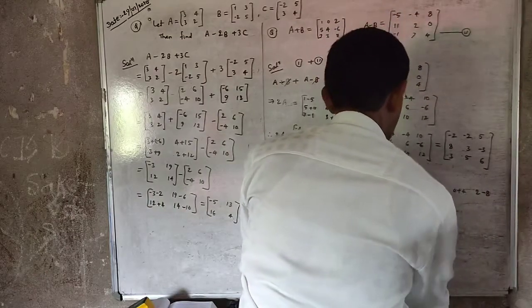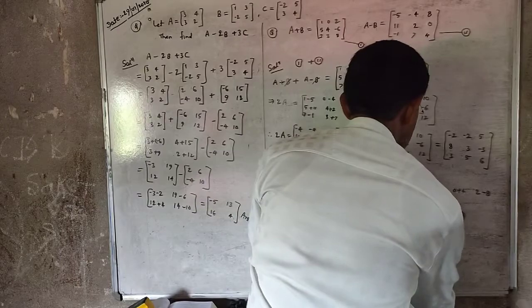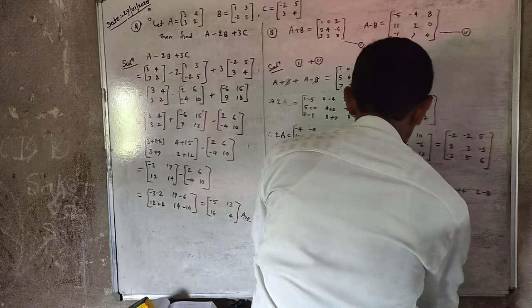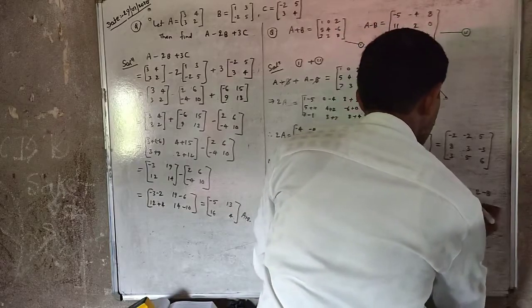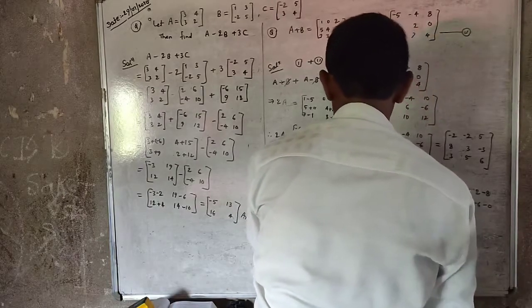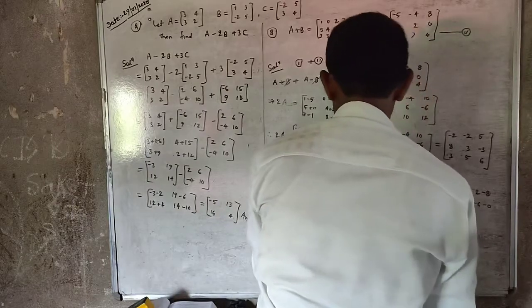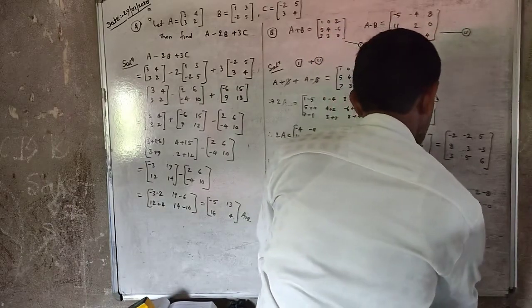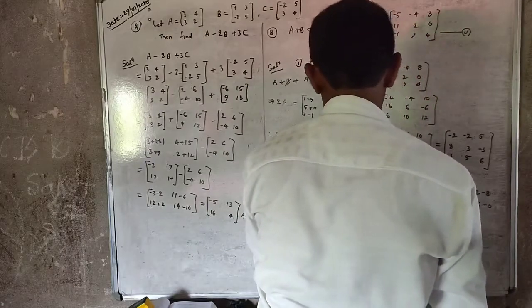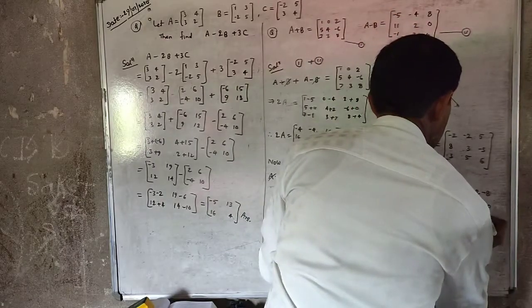In the second row: 5 minus 11, 4 minus 2, and minus 6 minus 0; 7 minus minus is plus 1, and 3 minus 7 and 8 minus 4.